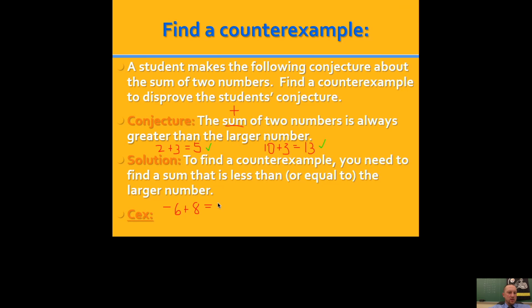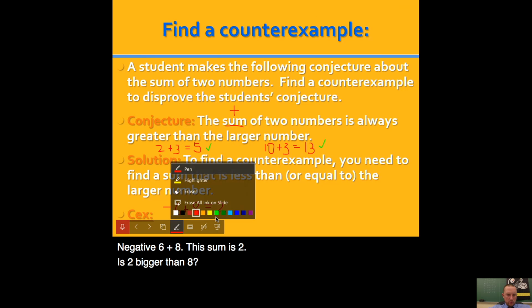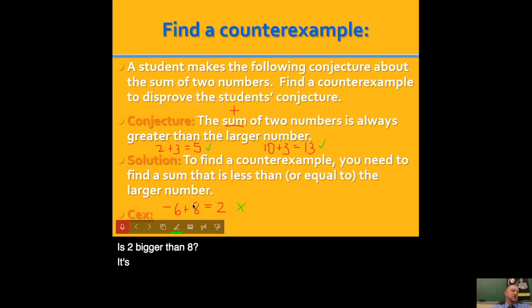Negative 6 plus 8, the sum is 2. Is 2 bigger than 8? It's not. This is a great counterexample.